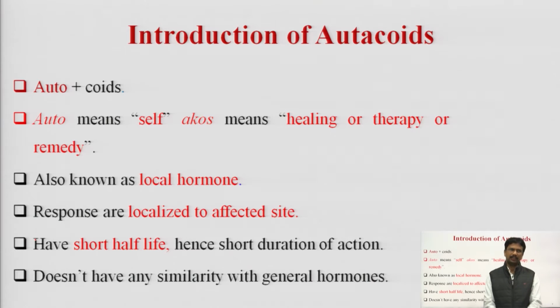In some conditions, people also call Autacoids a local hormone, despite having different properties compared to normal hormones. It is responsible for a localized effect on the tissues, not a systemic effect. These Autacoids have a short duration of action due to their short half life. They do not have any similarity with the general hormones.